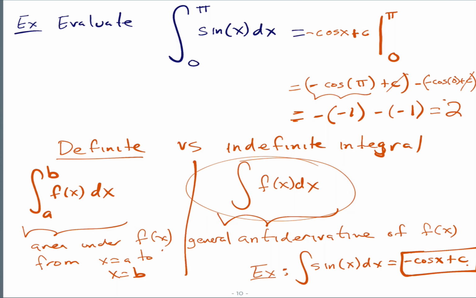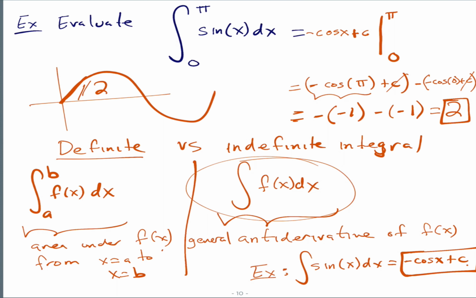Good. Not 0, right? 2. So notice this is sine, right? Looks like this. And what did we just find? We found this area right here is 2, right? Cool beans? Okay.